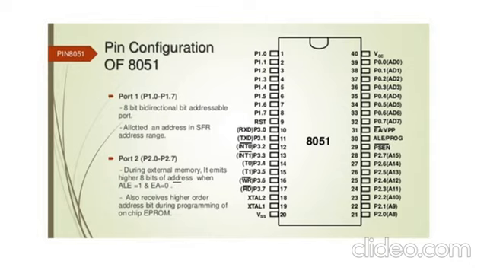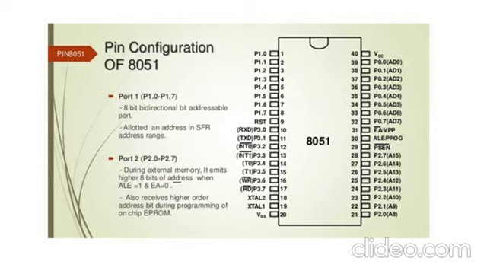Now look at port 2, you have the higher order address bus. During external memory access, it emits the higher 8 bits of address when ALE is equal to 1 and EA is equal to 0. ALE is address latch enable and EA is an active low pin.